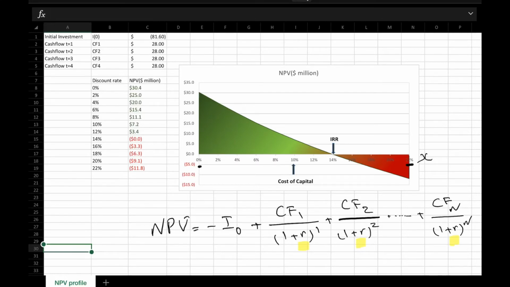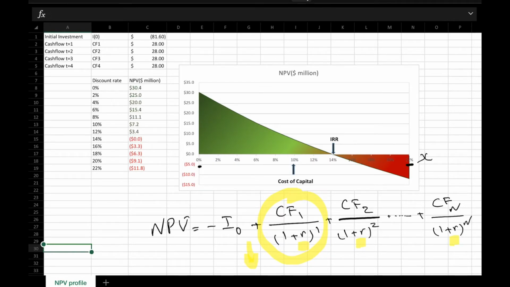So if the interest rate increases, these cash flows are going to be smaller. We are not discounting our initial investment because it's happening at time 0.